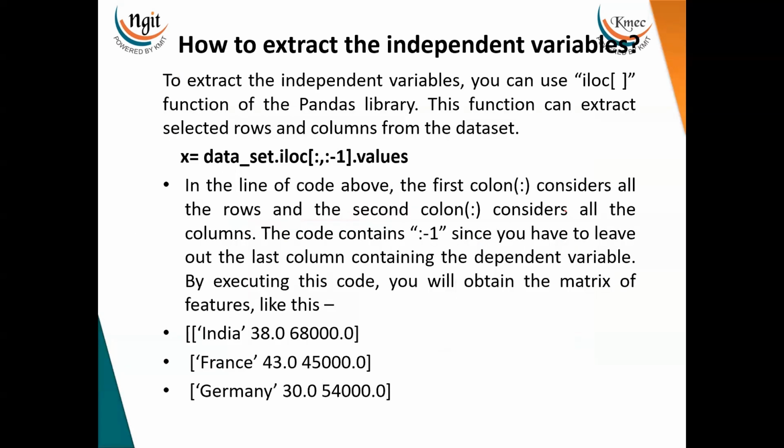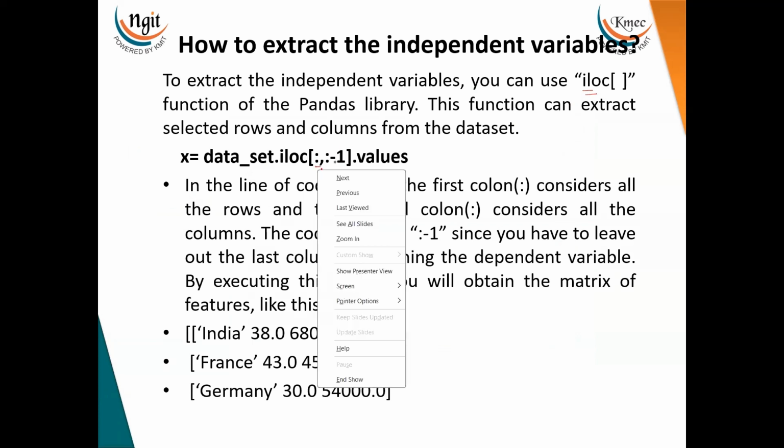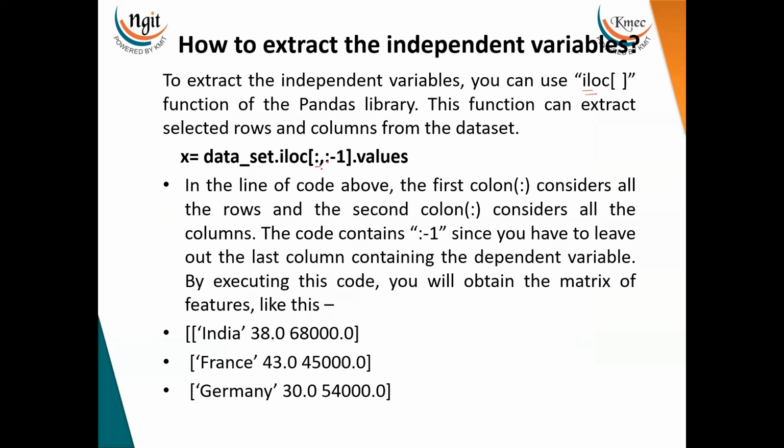For that, we are going to use a function called iloc from the Pandas library. That is iloc[:, :-1].values. The first colon considers all the rows, whereas the second colon indicates all the columns, and minus 1 leaves out the last column.